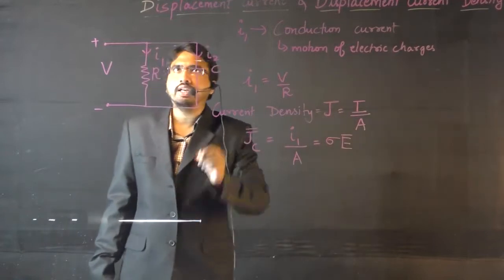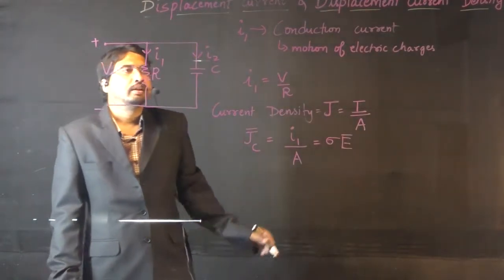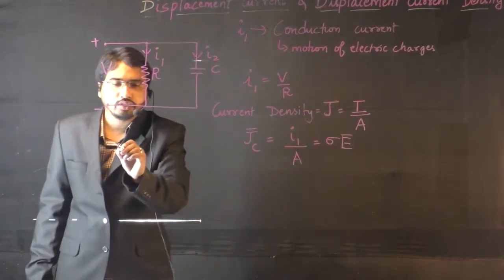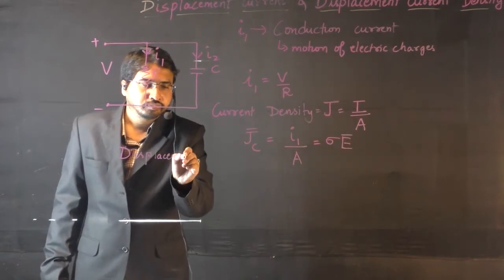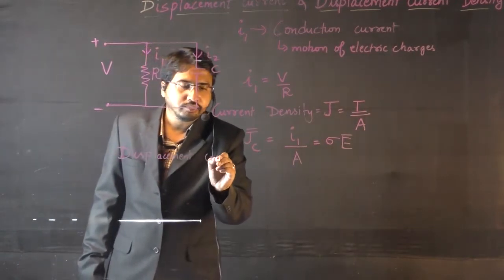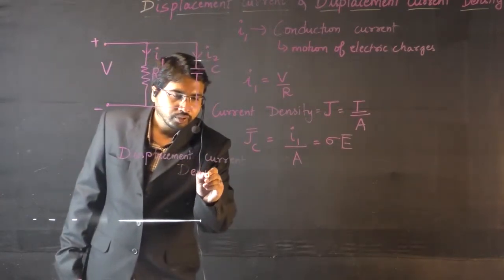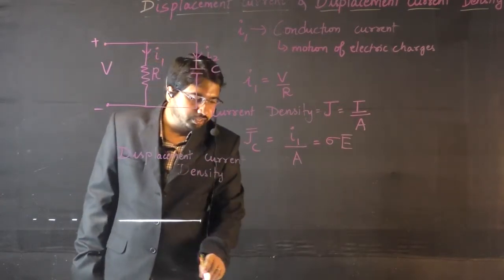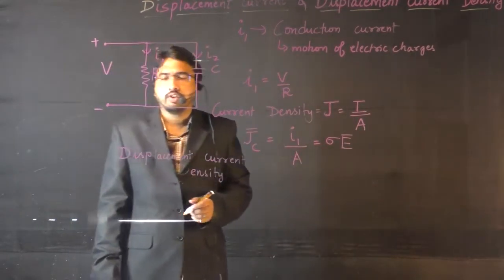Now we need to know what is meant by displacement current density. Displacement current density is generally due to time varying currents, because which unit are we in?